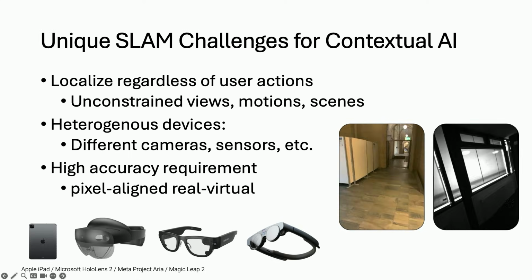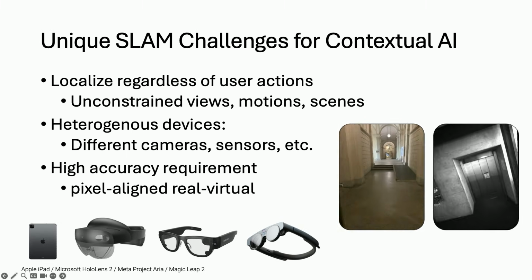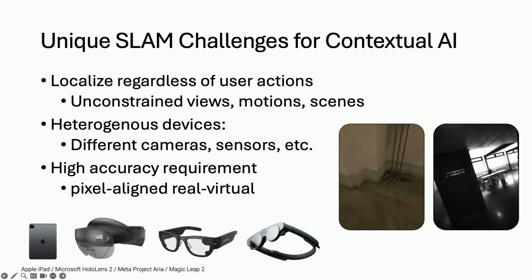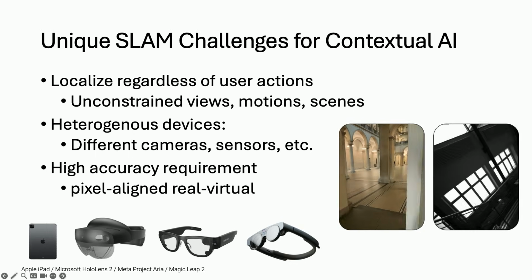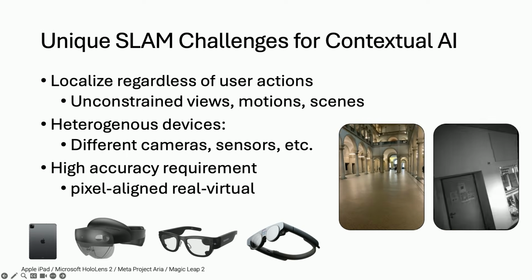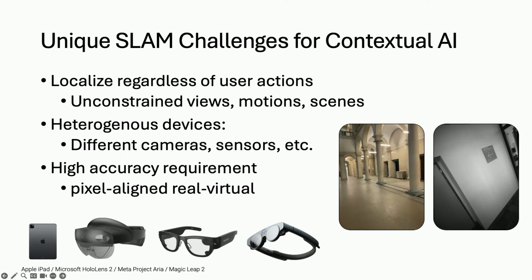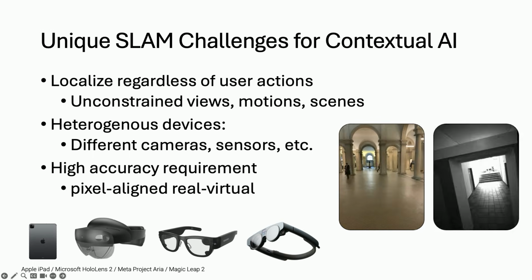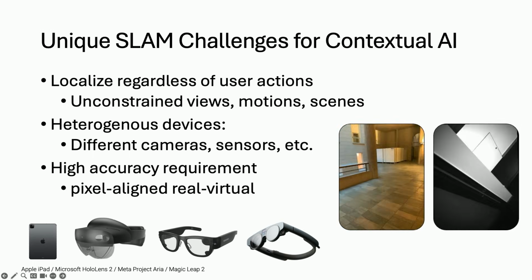Finally, we also have a very high accuracy requirement. For contextual AI, it's not enough to just map the world. When we add visual effects, virtual objects must align perfectly with the real thing. So we need pixel level alignment such that digital content feels naturally anchored and stable.